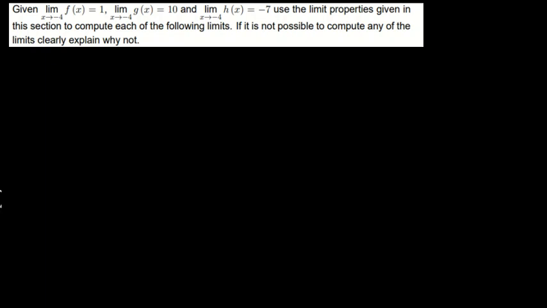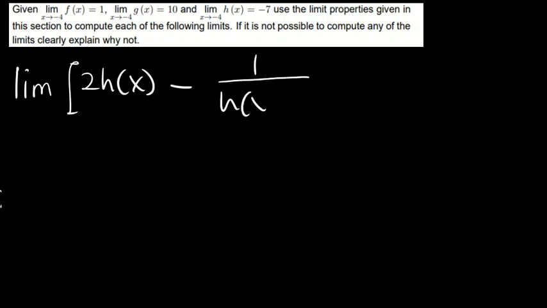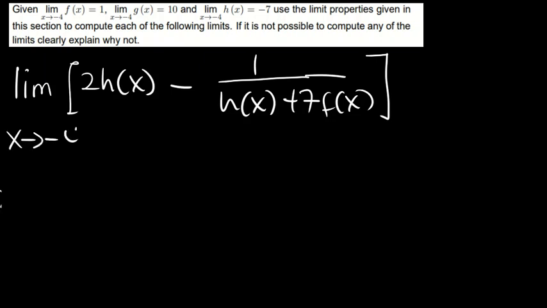For the last question, you have to compute the limit of 2 multiplying h of x minus 1 over h of x plus 7 multiplying f of x, as x approaches minus 4. So let's compute this limit.